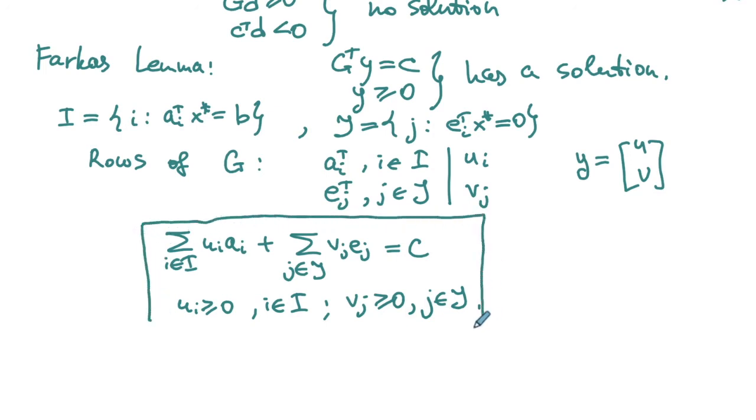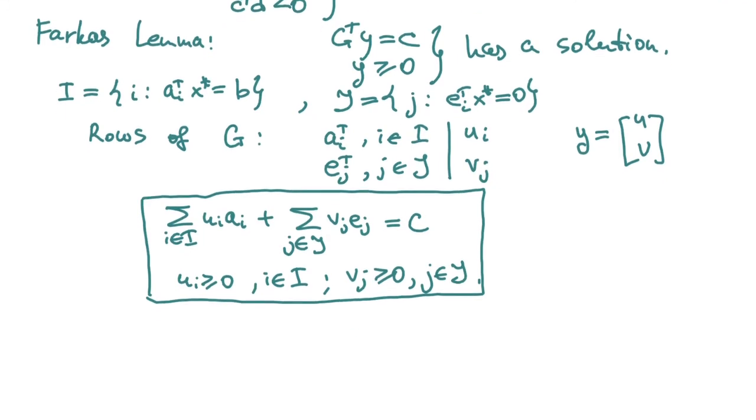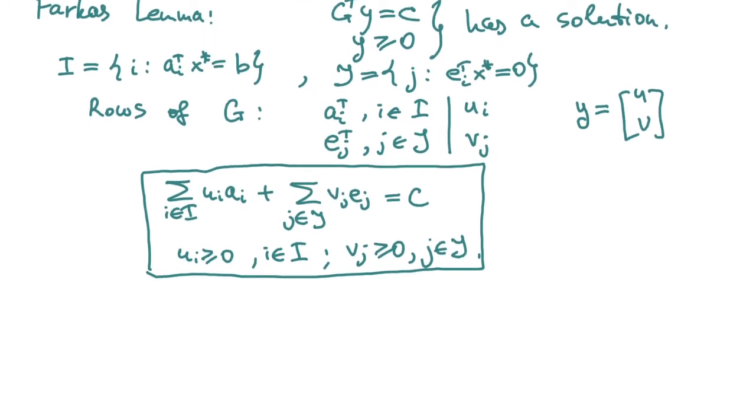So if x star is an optimal solution to our LP, then there must be the multipliers u_i's and v_j's that are non-negative, such that if we consider this summation over the active constraints at the point x star, then it's going to be equal to c.